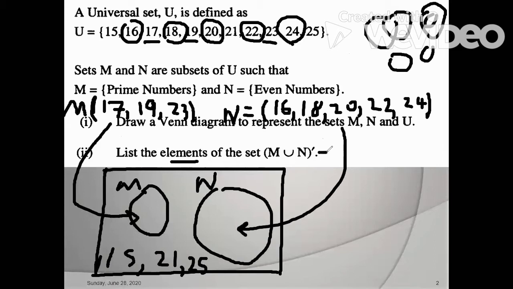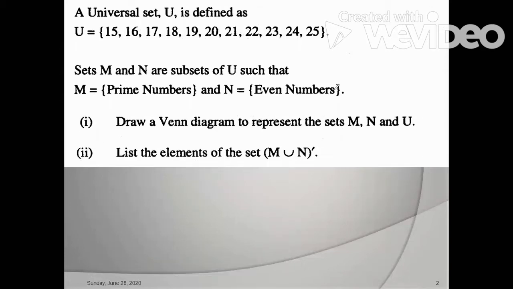It says to list, so you're going to have your brackets: 15, 21, and 25. Sometimes they ask you how many elements are in the set. It would have been 3. I hope you guys are following. Let's move on to the next slide.